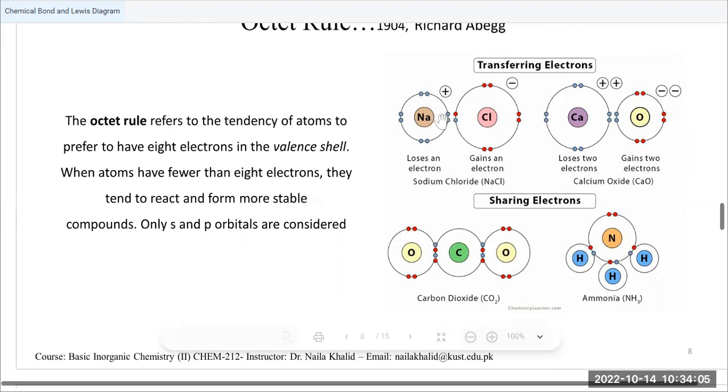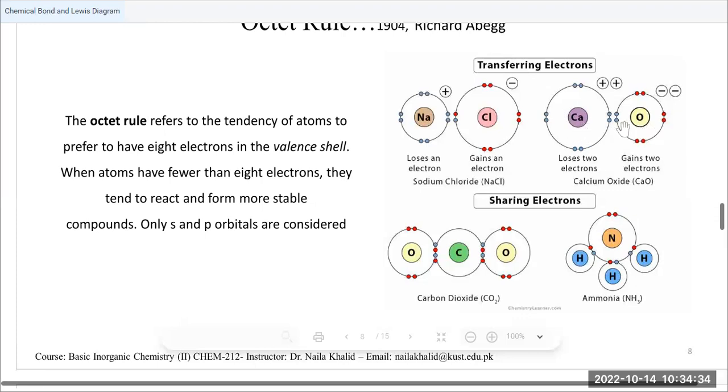And if one electron is transferred from sodium to chlorine, chlorine already has 7 electrons. If it gets 1 electron from sodium, its octet is completed by the gain of the electron. So that is why a bond is formed by the transfer of electron, and the octet rule is also followed. Similarly, you can see the transfer of two electrons from calcium to oxygen, and two bonds are formed between calcium and oxygen.